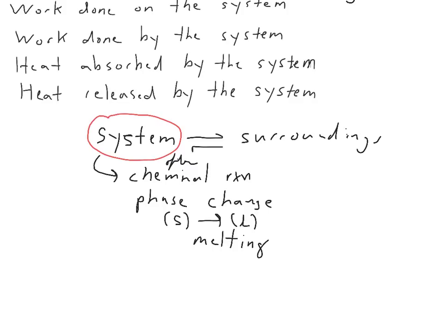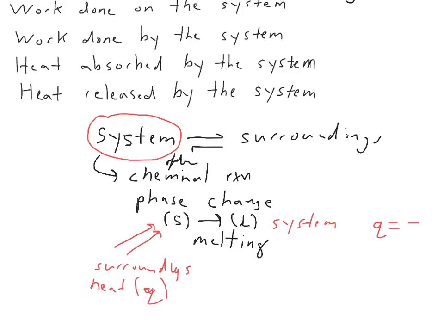So when an object melts, a chemist defines this as the system. In order for that to happen, energy goes into the solid from the surroundings to melt the ice, to melt the solid. So this would be an example. So heat Q going from the surroundings into the system. And then from the perspective of the system, the sign for Q is positive.